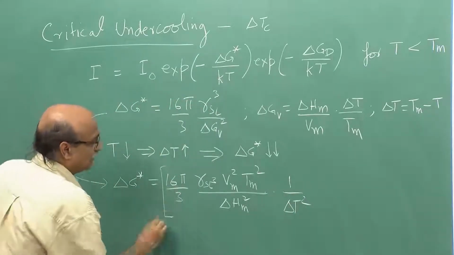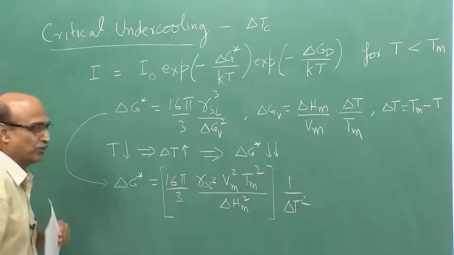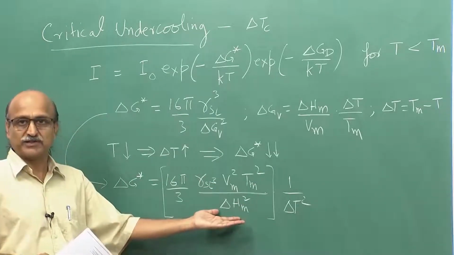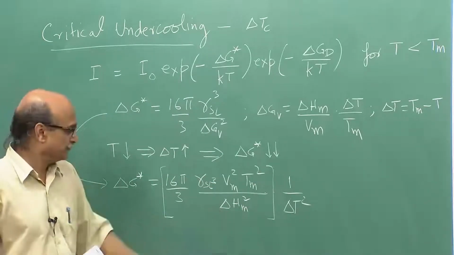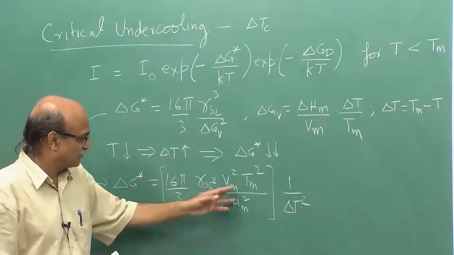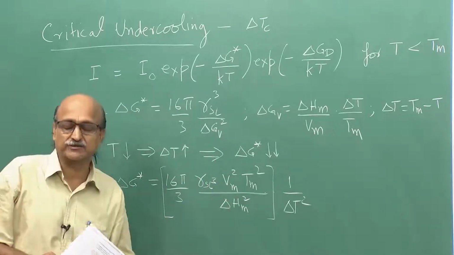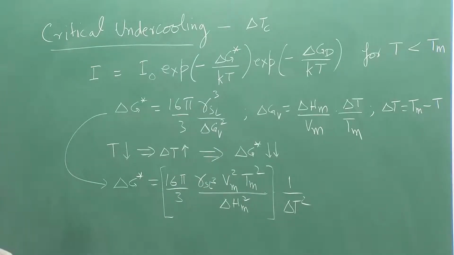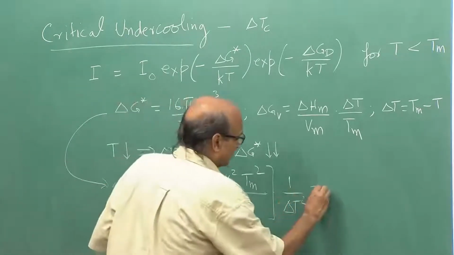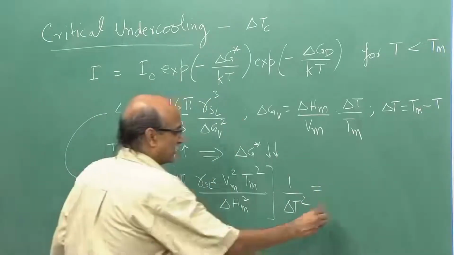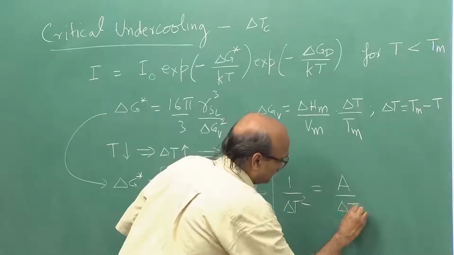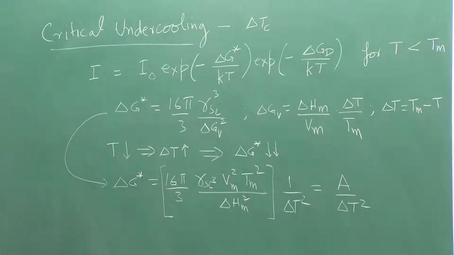All the quantities in square brackets are constants in our present case: gamma SL is constant, Vm is constant, Tm is constant, and we are assuming that delta Hm is also constant, independent of temperature. So I can write delta G star as a constant A upon delta T square.